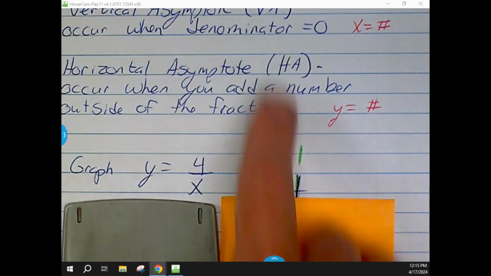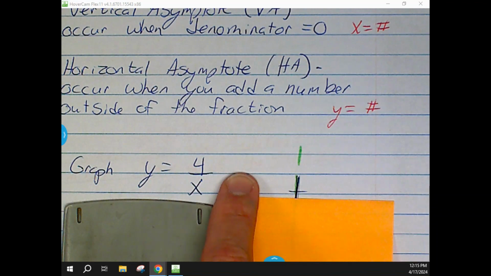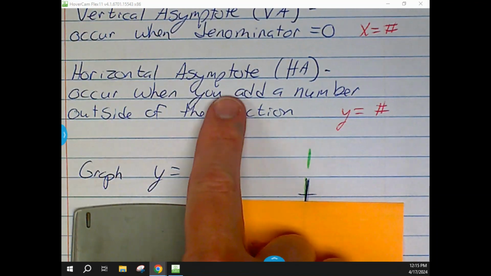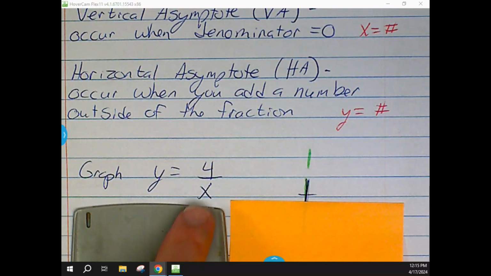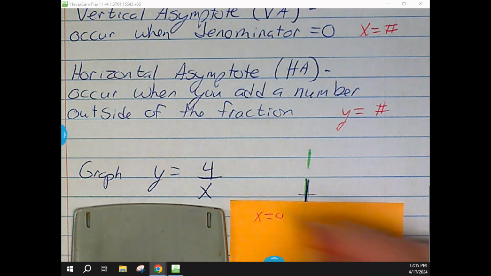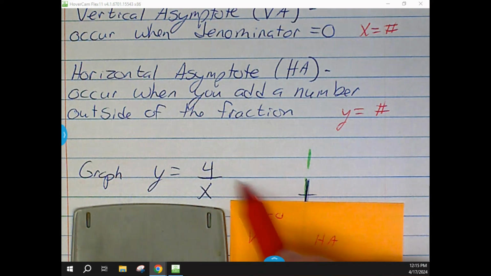Okay, and we said vertical asymptote, that's where the denominator is going to equal 0. Horizontal asymptote, that's where we've got a number added on the outside. Well, in this case, if we take the denominator and set it equal to 0, that would just be x equals 0. And that would be our vertical asymptote. For the horizontal asymptote, there's not a number added out here, right?